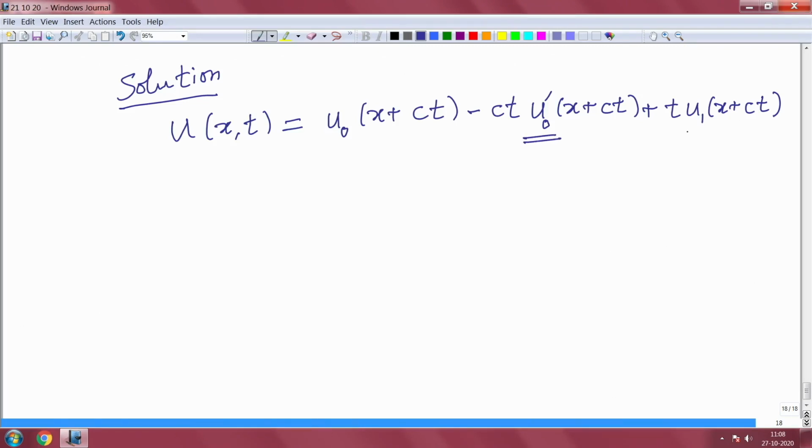There is no integration of u1, but u1 appears as it is. So now we require u to be a C2 function of x and t.